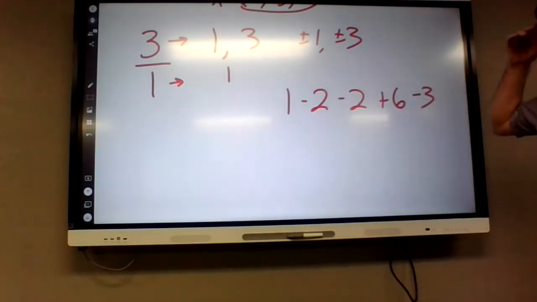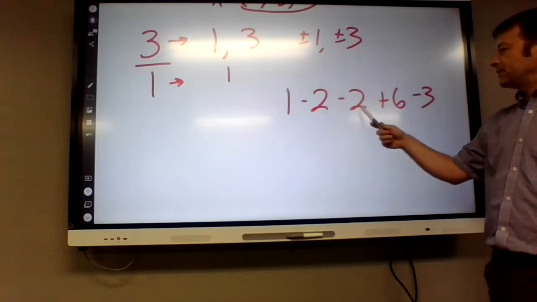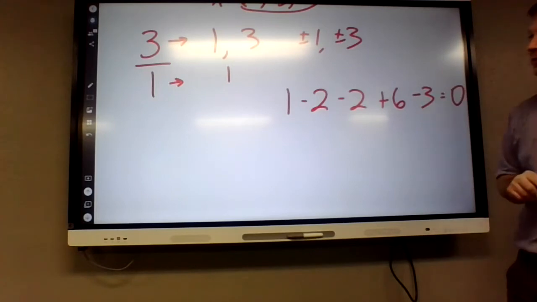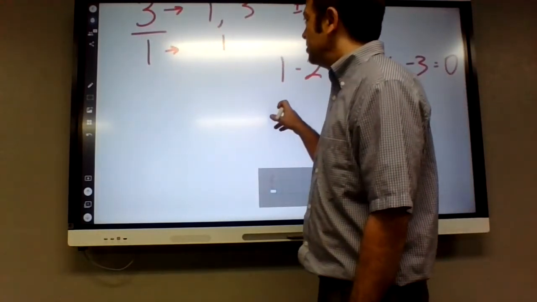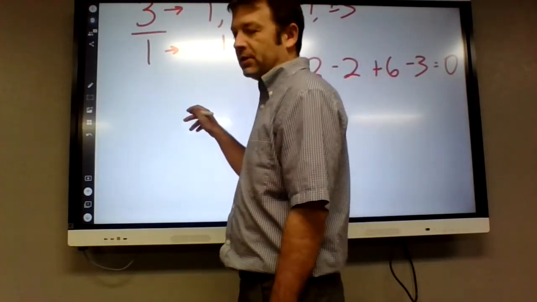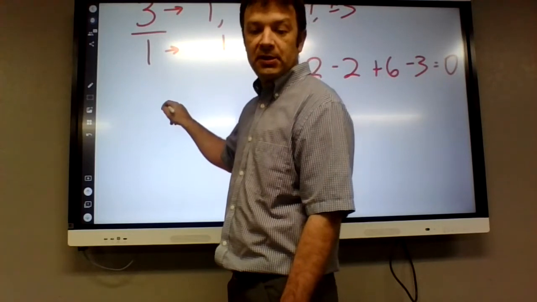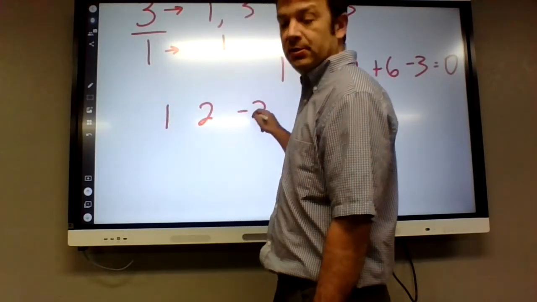Does that equal 0? Negative 1 minus 2 is negative 3, plus 6 is 3, minus 3 is 0, yes. So negative 1 is a solution. Okay, I'm going to go ahead and divide it out. So we got 1, 2, negative 2.